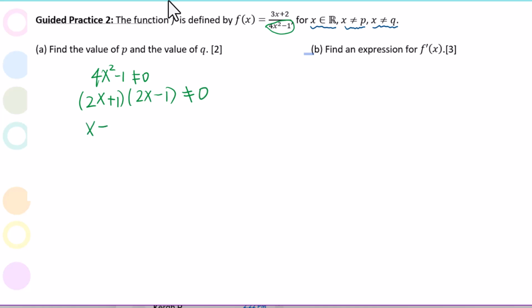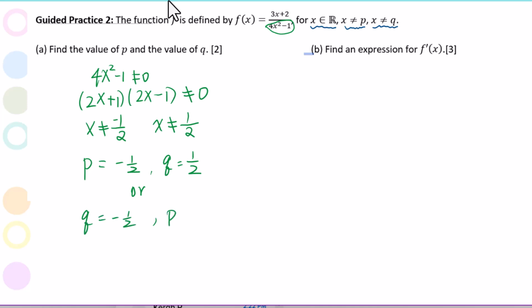So x is not equal to negative 1 over 2, and x is not equal to 1 over 2. So p equals negative 1/2 and q equals 1/2, or q equals negative 1/2, p equals 1/2.